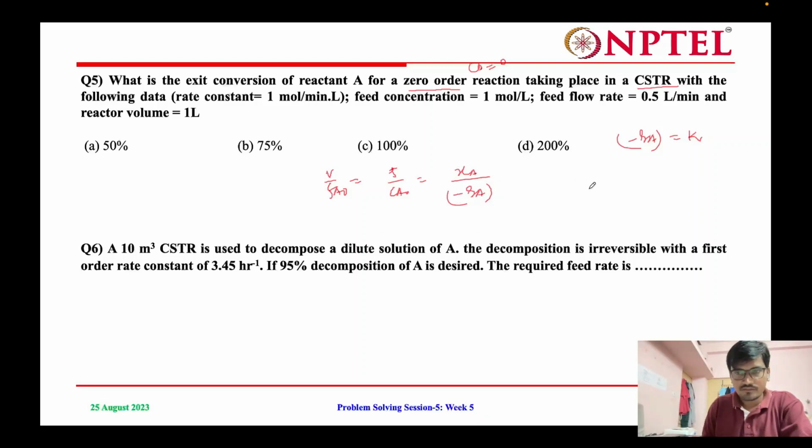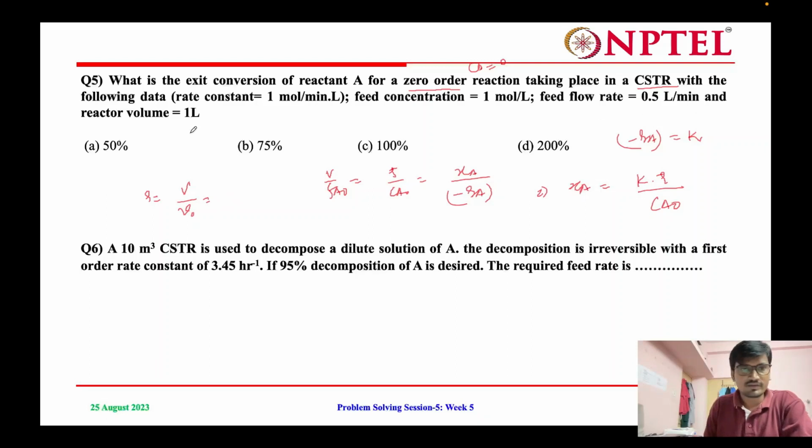So Xa equal to K tau into C naught. Right. So here tau equal to volume divided by volumetric flow rate.